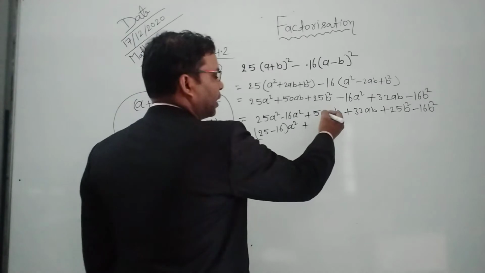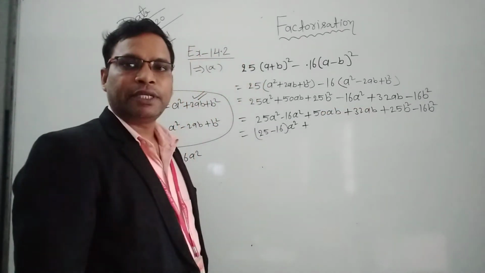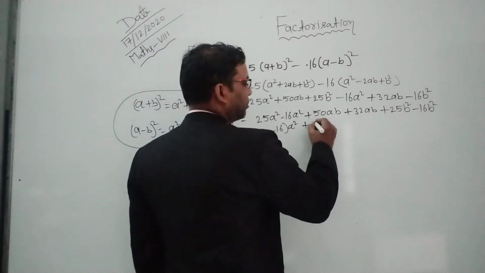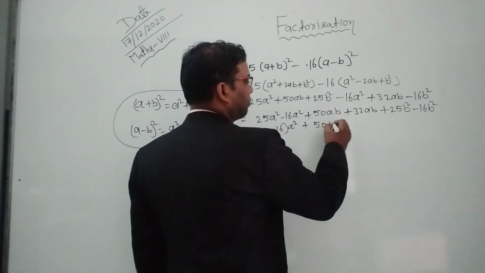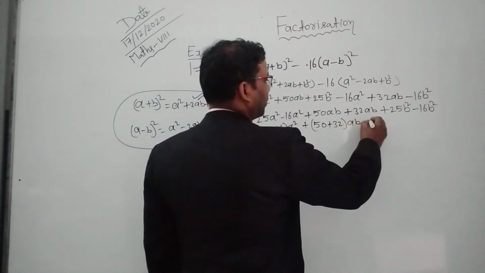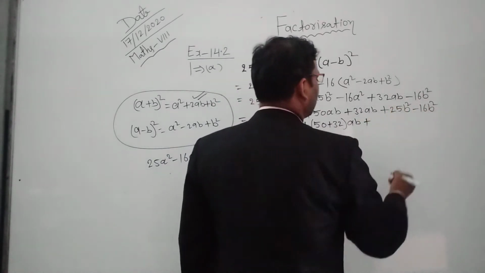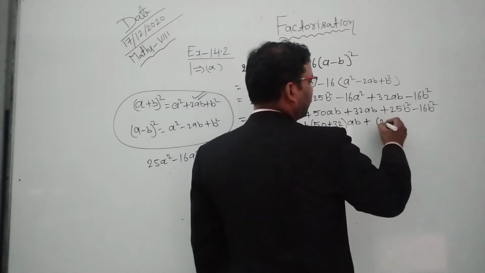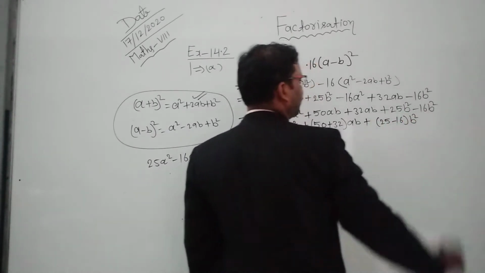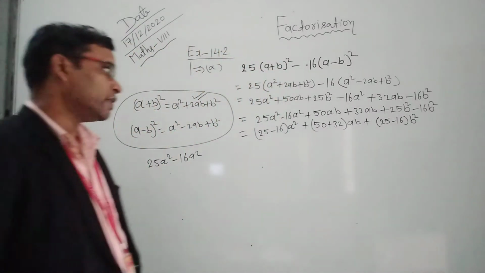Also in both terms 50 ab plus 32 ab, we can take common ab. So we have 50 plus 32 ab. And plus 25 b square minus 16 b square, so here we get 25 minus 16 b square. This is clear?